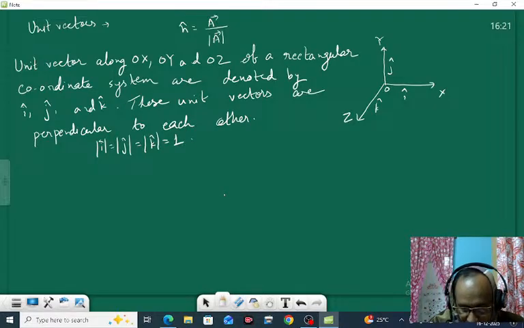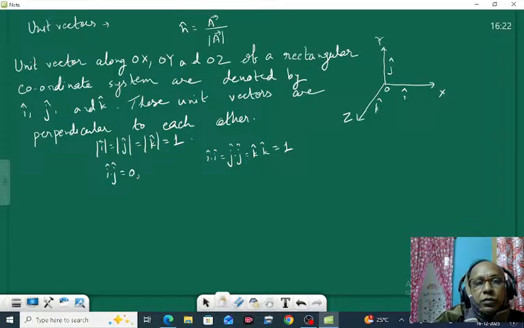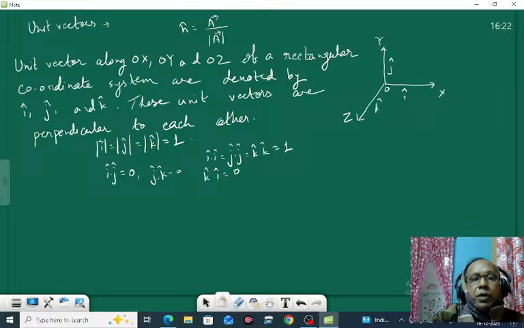So you can say that i dot i equals j dot j equals k dot k, always 1. And i dot j, since they are perpendicular, is 0. j dot k is also 0, and k dot i is also 0, because they are perpendicular to each other.